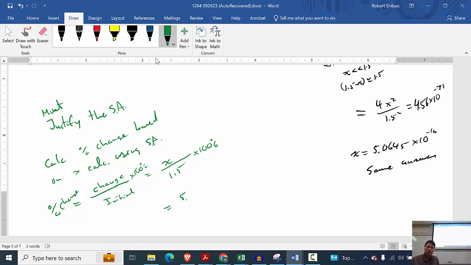So it's going to be 5.0645 times 10 to the minus 16 divided by 1.5 times 100%. And I get a percent change of 3.37 times 10 to the minus 14%.